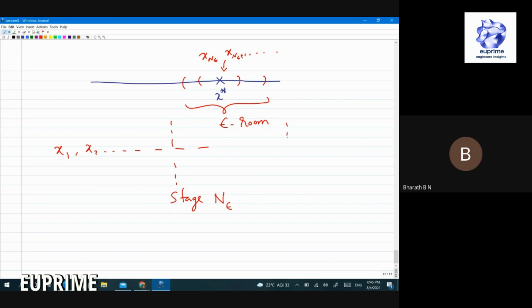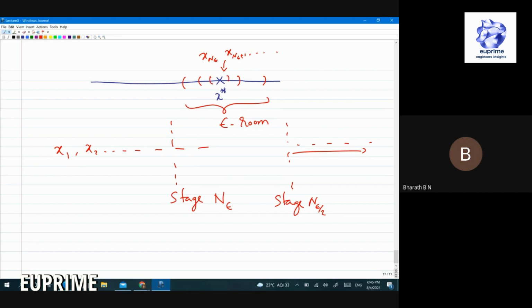So maybe here, this is the stage n epsilon by 2, beyond which all the sequence will stay inside the epsilon by 2 room. Is that enough? No. You want smaller and smaller and smaller rooms.